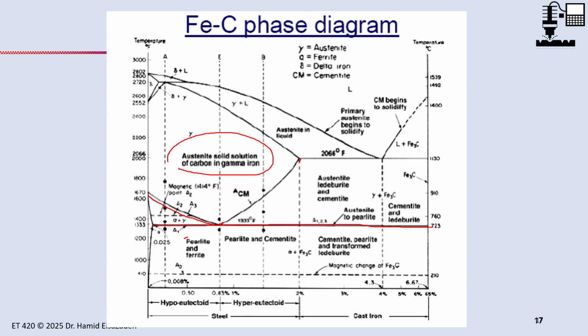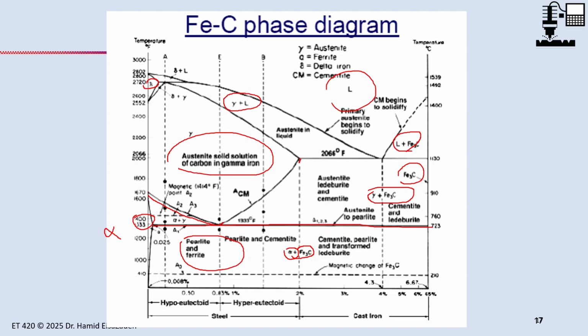For example, in this region we have pearlite and ferrite, which is alpha, and cementite. I want you to memorize this name. This is delta. This one here, this composition, then here in this area we have alpha.